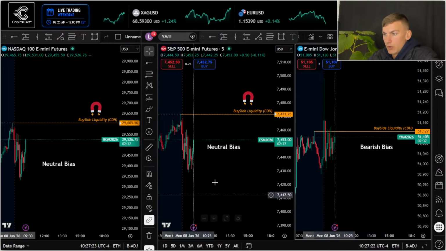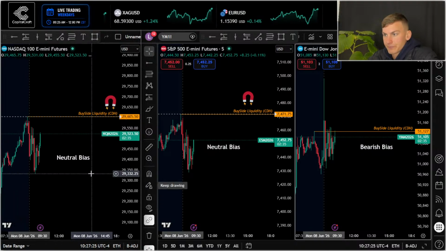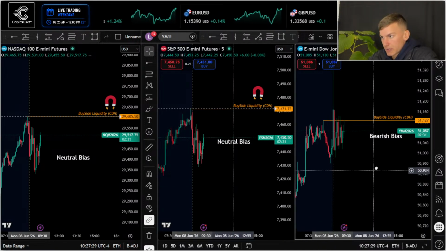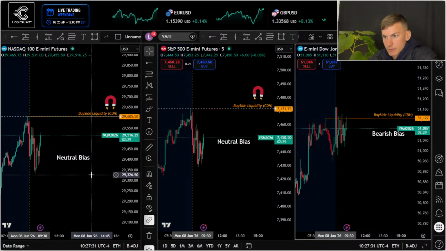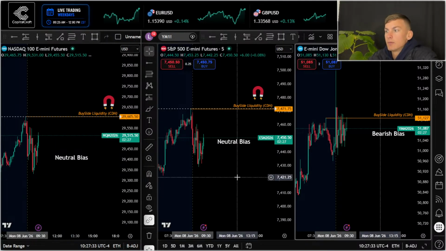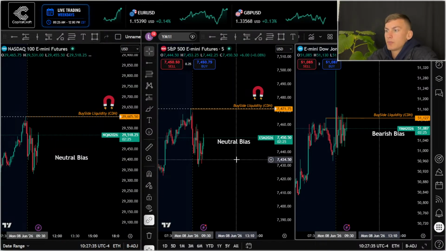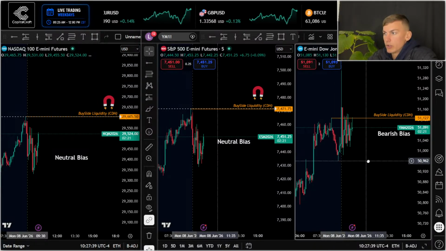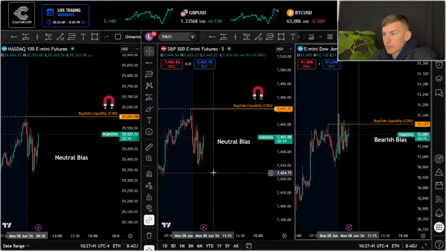Alright, so right now we are currently moving towards that buy side level on the NAS, found on the left. Then on the right, the S&P is also moving higher. We are not in any trades as we speak.